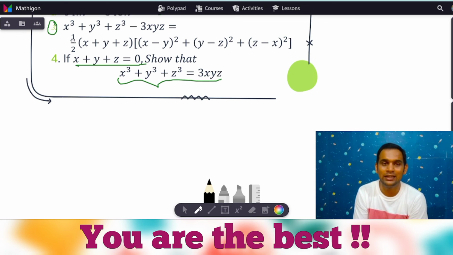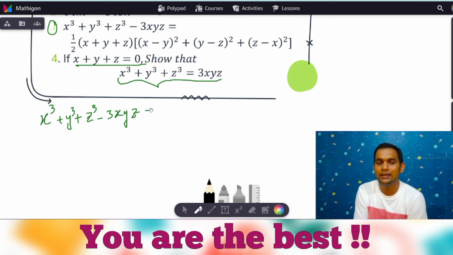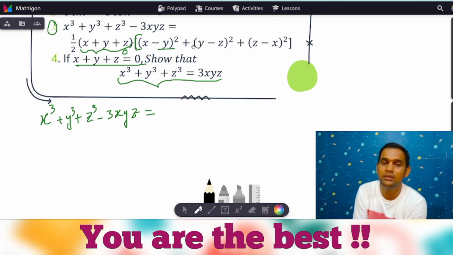So according to the identity, x cubed plus y cubed plus z cubed minus 3xyz is equal to this whole term. Now it says x plus y plus z equals 0. If this is 0, whatever is multiplied to it, because it's in multiplication, you can see there's a big bracket, that means its whole term is in multiplication.